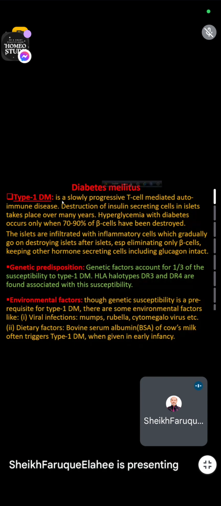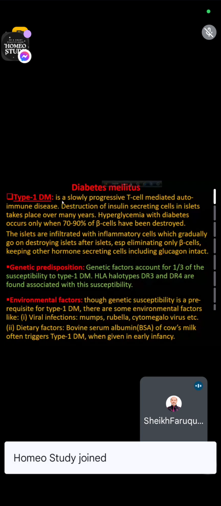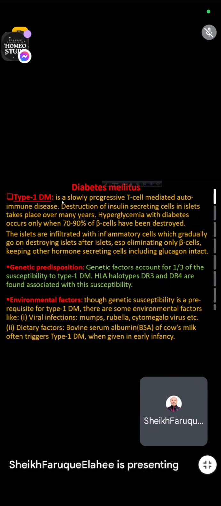So it is called autoimmune disease. These immune cells will damage important organs like the thyroid gland, like the pancreas.